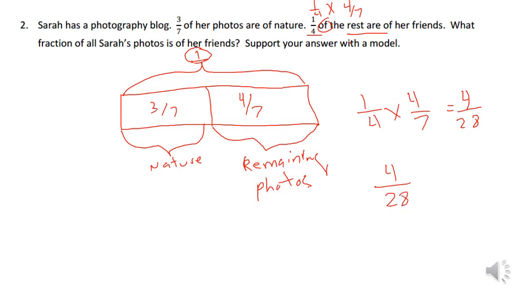And I know that 28 is a multiple of 4, so I'm going to go ahead and divide them by 4, and I can see 4 divided by 4 is 1. 28 divided by 4 is going to be 7. So it's 1/7. So 1/7, it's right here, that is going to be of her friends.